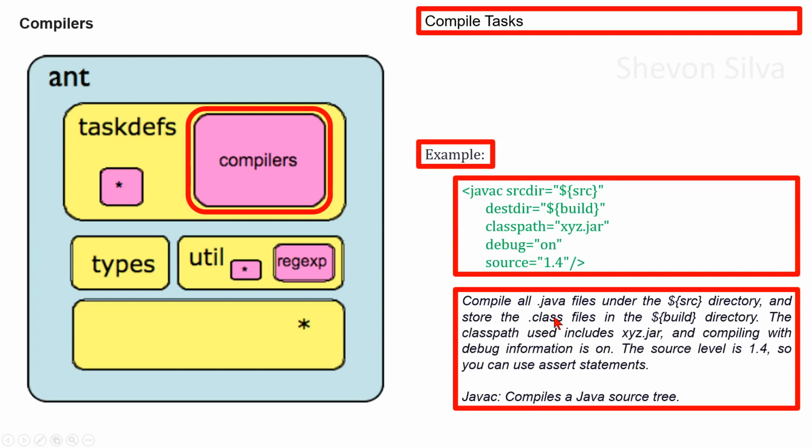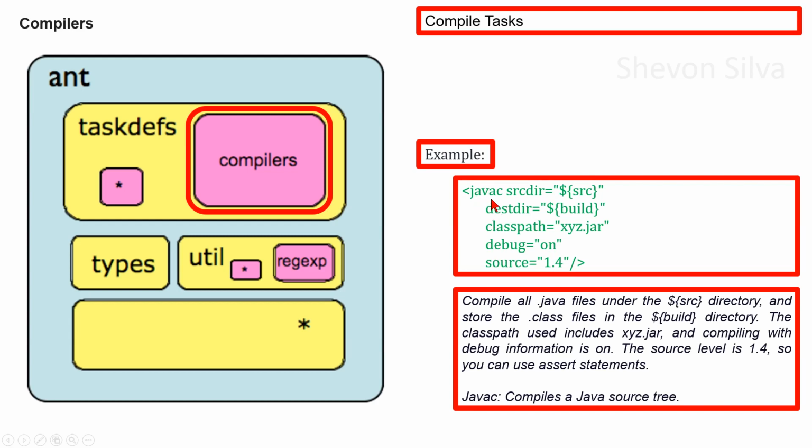As an example, we can consider this: compile all .java files under the directory implied by src here, and store the .class files in the directory implied by build here, and the class path used includes xyz.jar, and compiling with debug information is on.